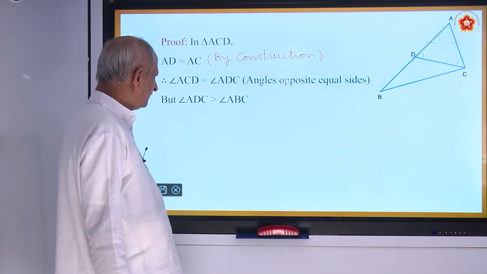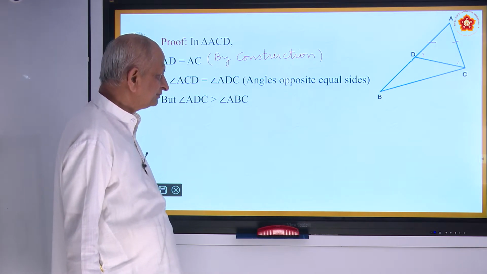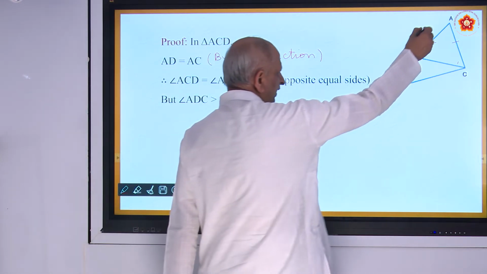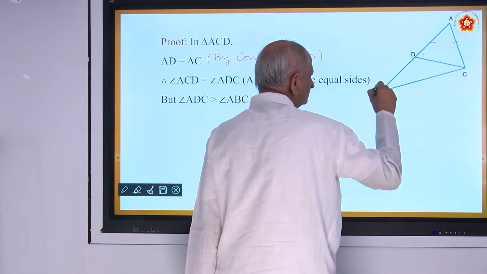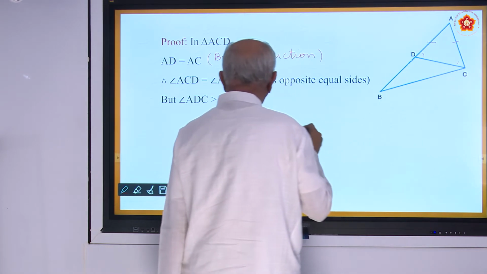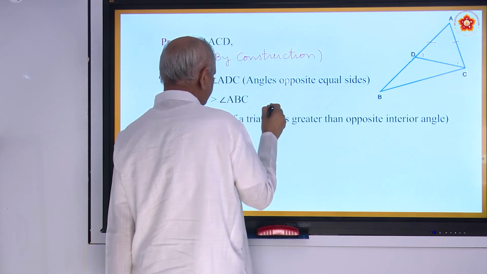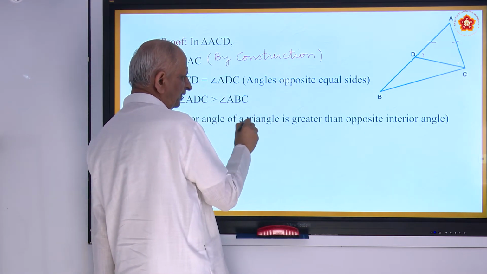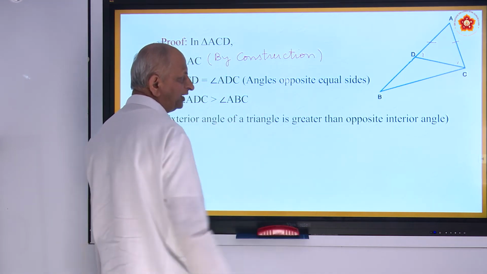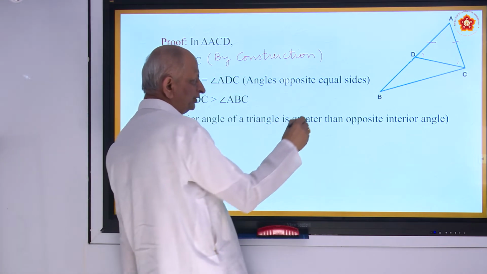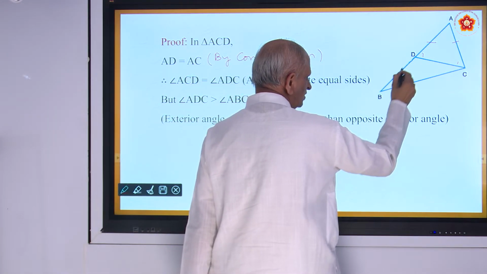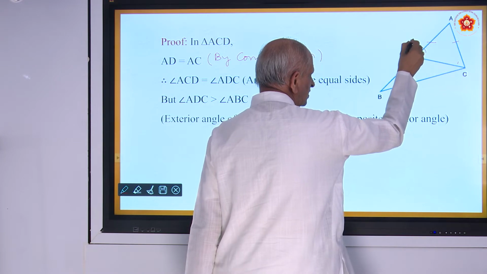But ADC is more than ABC. ADC is the exterior angle, more than the interior opposite angle. So this is the exterior angle of a triangle, which is greater than the opposite interior angle. So this is the exterior angle. This is the exterior angle.